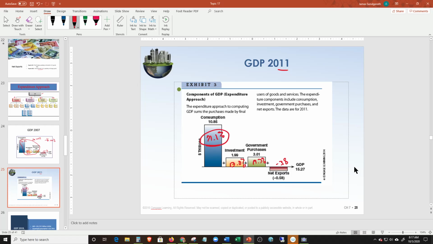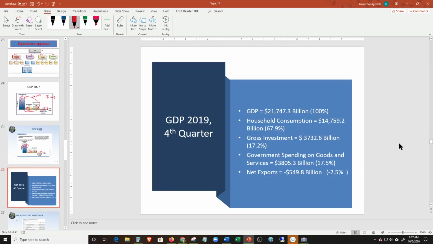Anyway, you can see it's pretty consistent that consumption is the biggest element of this. And here, I looked from the last quarter of last year, we're up to $21 trillion, or 21,747 billion.